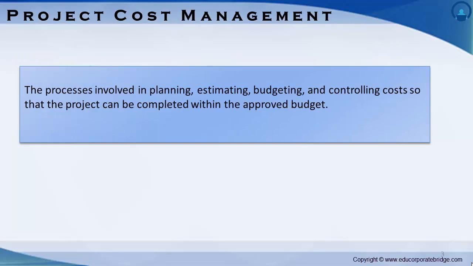Now, what do we mean by project cost management? Project cost management includes the processes involved in planning, estimating, budgeting, financing, funding, managing, and controlling costs so that the project can be completed within the approved budget.